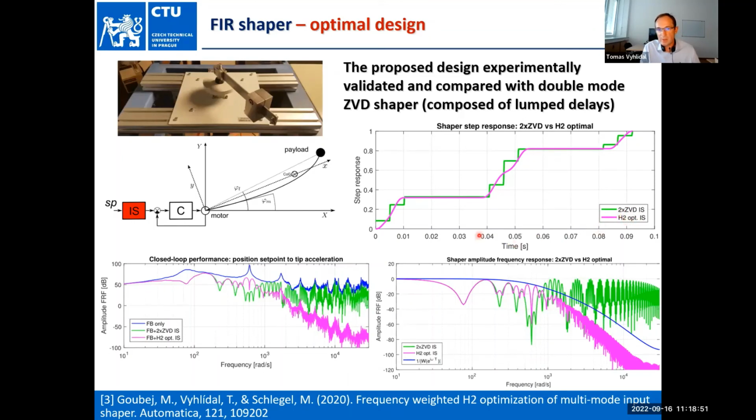This is the purple one. So instead of a series of jumps, we have a smooth signal, and interestingly, it is of the same length, which is an important improvement. And also in the frequency domain, we filter out the higher frequencies.